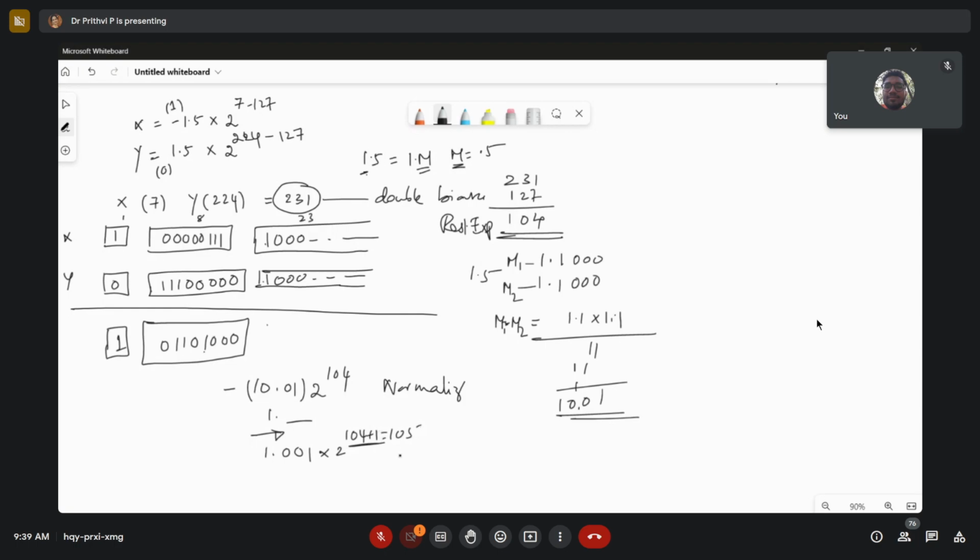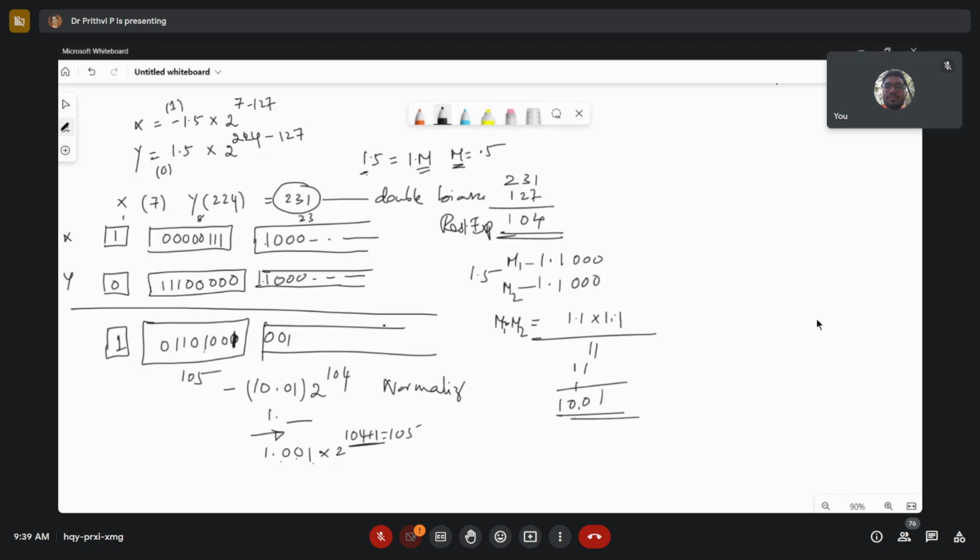Now is this within the limit? There is no underflow or overflow sort of thing. So completely the result you get here is this exponent will be 105. Okay. And the mantissa will be 0, 0, 1.